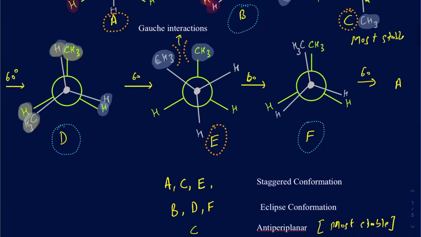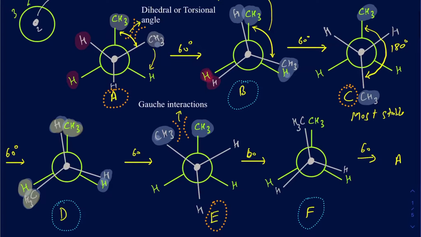Okay, let's look at this last one here. When I'm looking at F, what's going on? In case of F, I have two methyl groups interacting with one another. So along with this having the eclipse conformation, which means you already have the torsional strain there because these bonds are parallel to one another, in addition to that, there is going to be a maximum steric interaction because in case of B and D, your steric interactions were between the methyl group and the hydrogen, but now here the steric interaction is going to be between the two methyl groups.